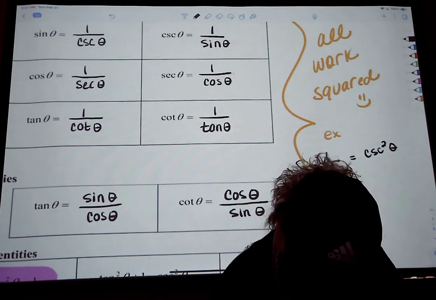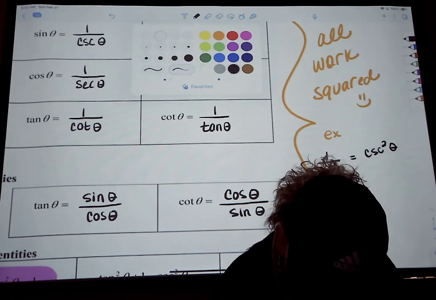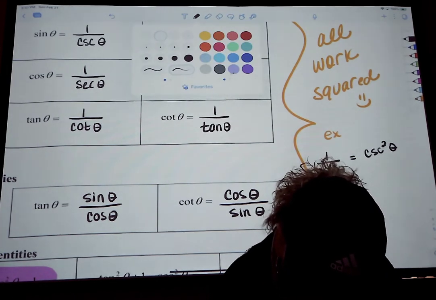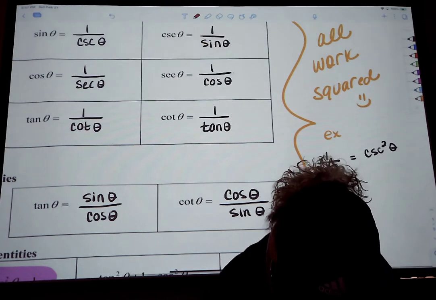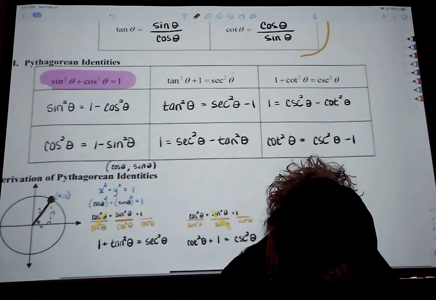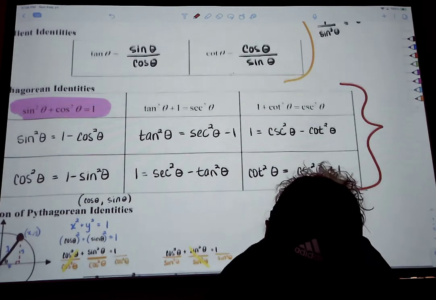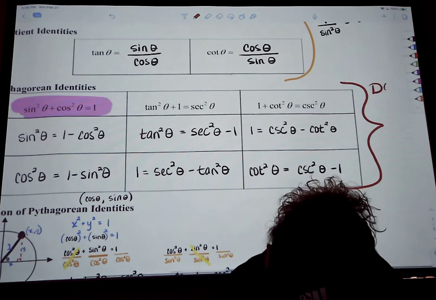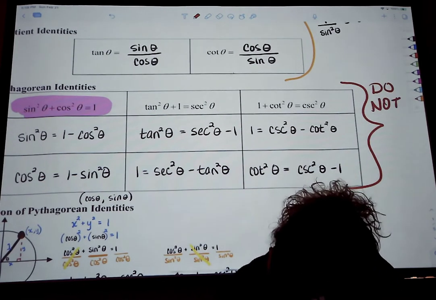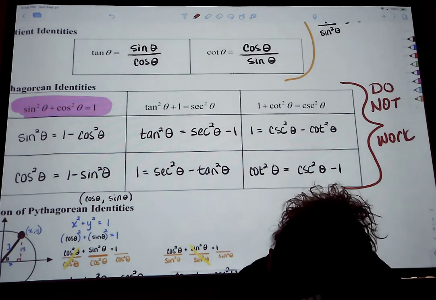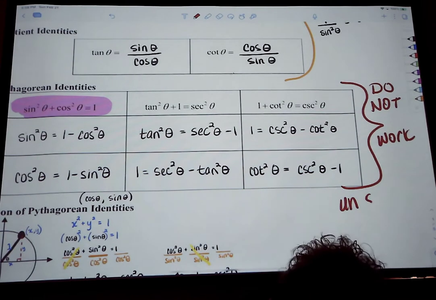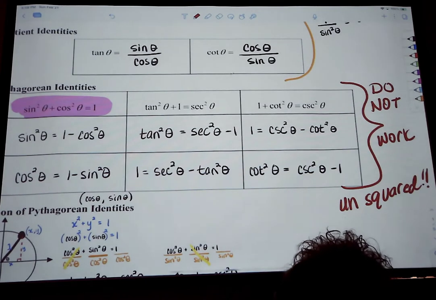However, the ones down here, the Pythagorean identities, these do not work unsquared. Make a note of that.